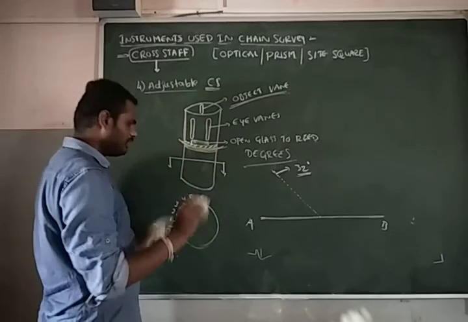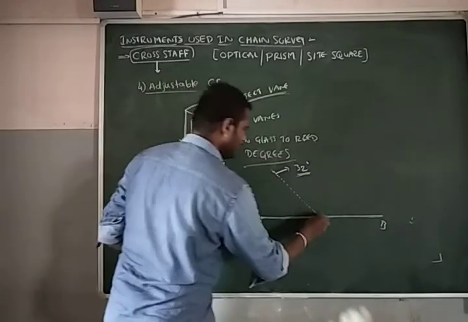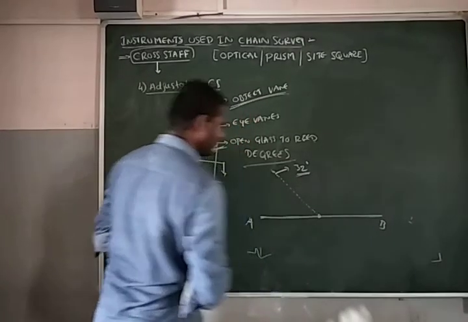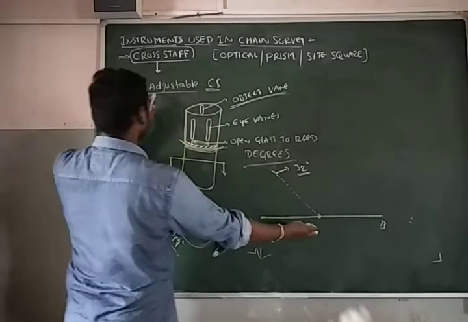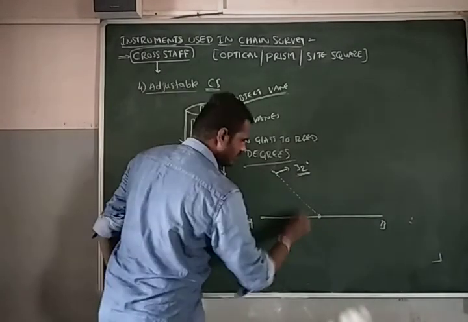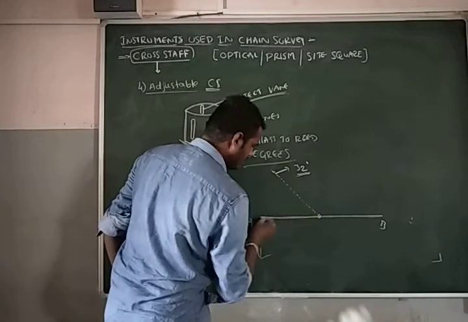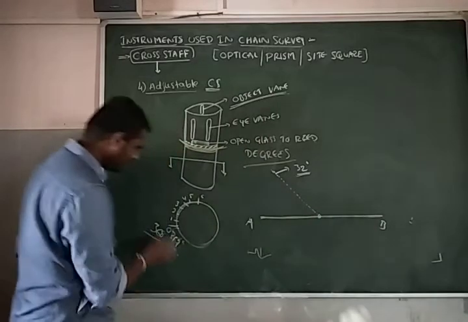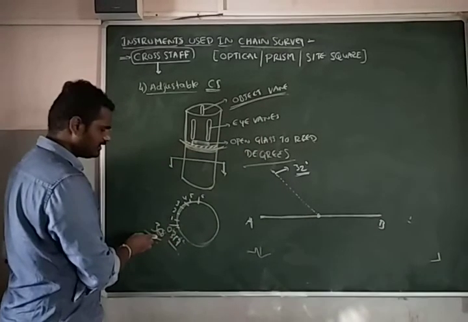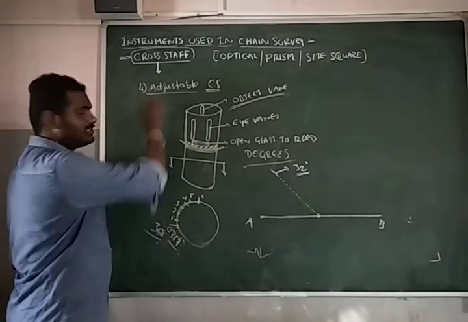In that scenario, at this point, first, centering is very, very important. At this particular position, we need to mount this adjustable cross staff such that the AB line coincides with 0 degrees or 360 degrees on your adjustable cross staff.